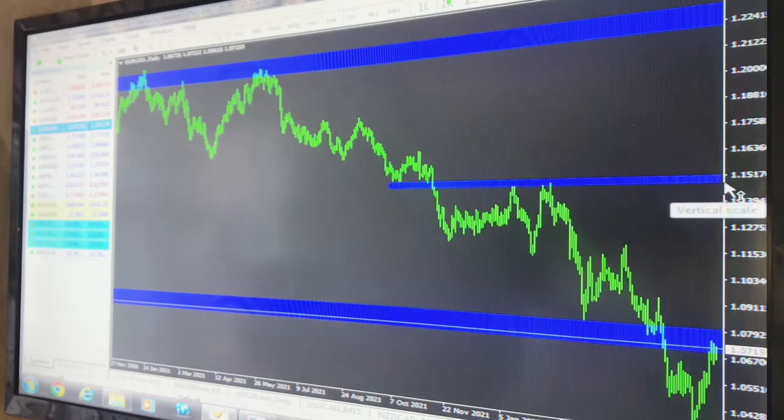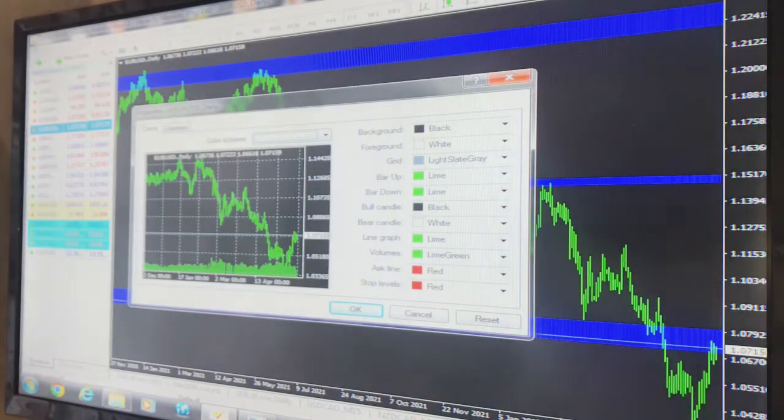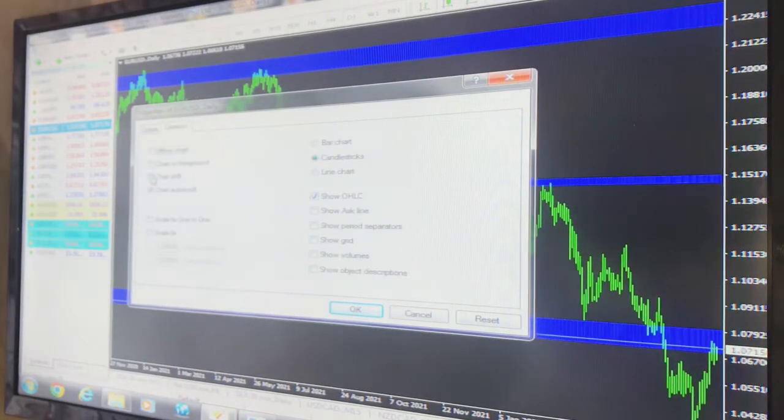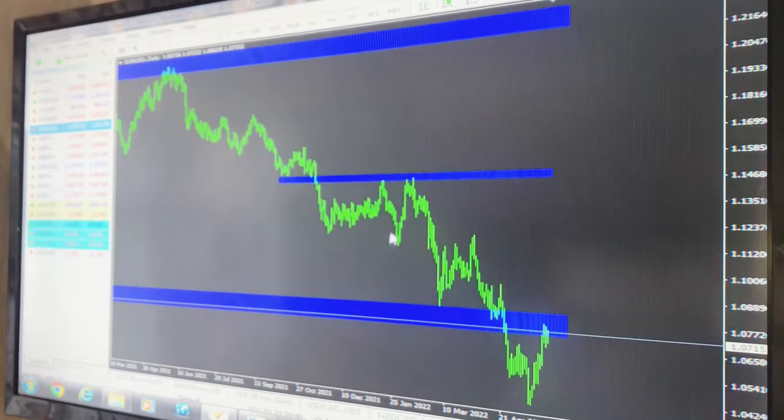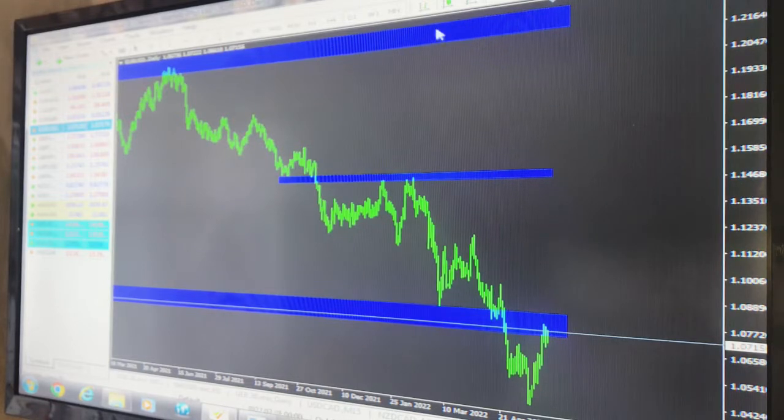Okay, let's add on some chart shifts here. Yeah, this is it. So from there let's add a trend line, because now we have our levels. These are our major levels, the ones we placed in the 1 week time frame. Now we're in daily.